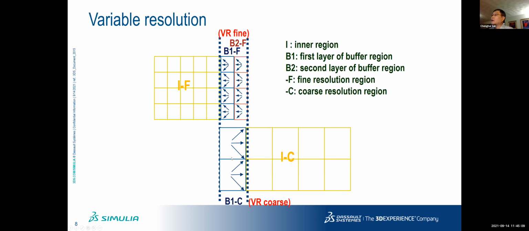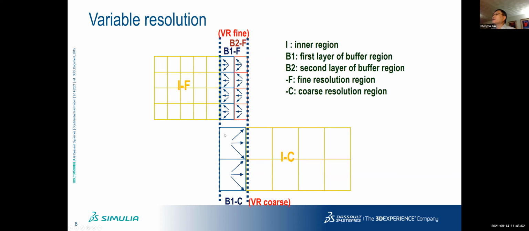At the overlapping area, we have two sets of lattice, fine and coarse, and the underlying layer provides the particles pointing to the fine side, which provides the fine side the particles from this side.